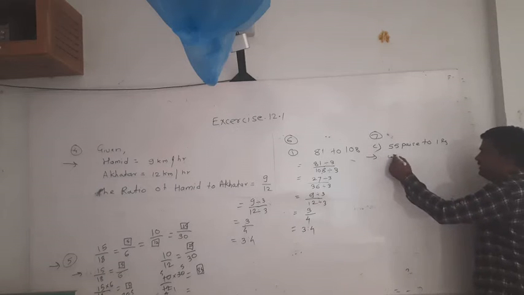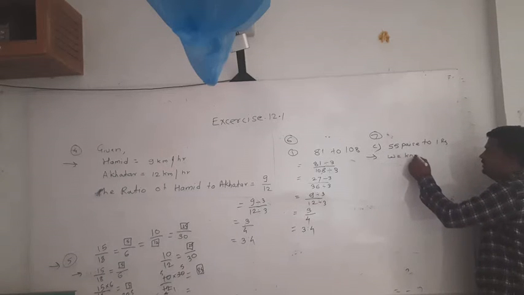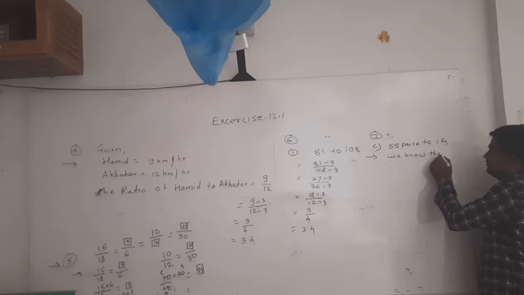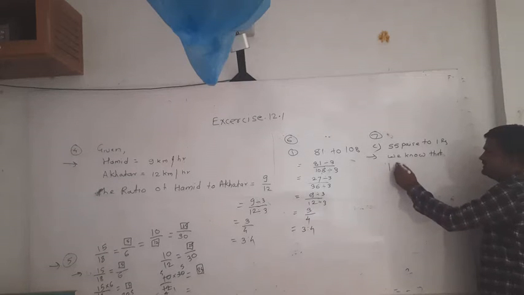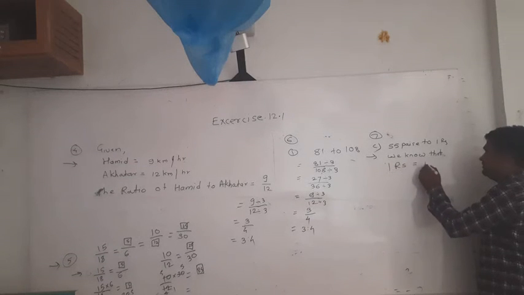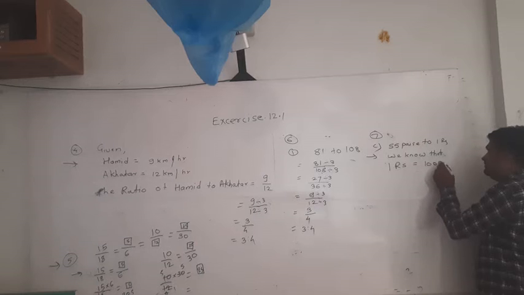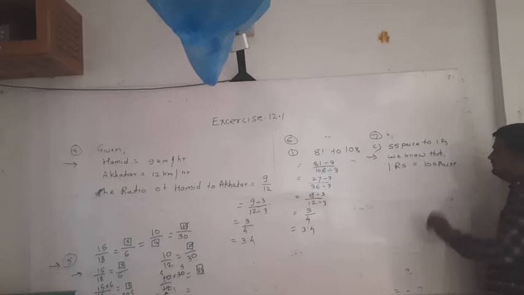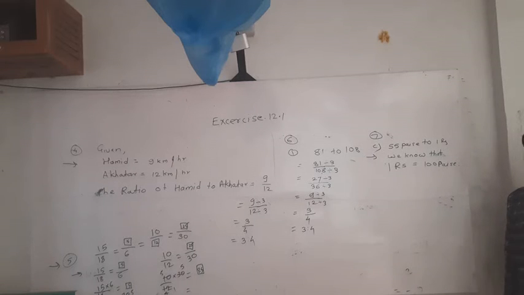So we know that 1 rupee is equal to 100 paise. How many paise in 1 rupee? 100 paise.